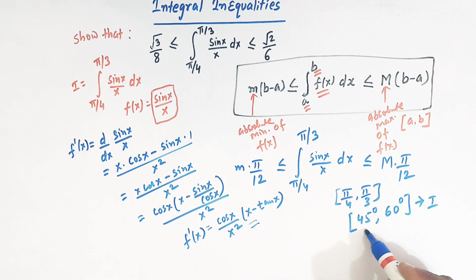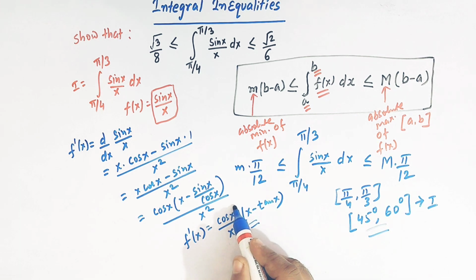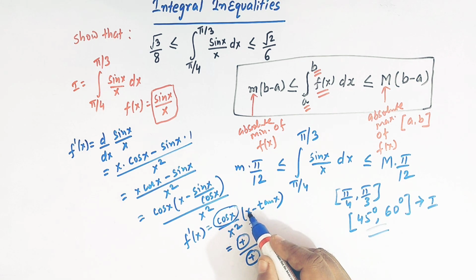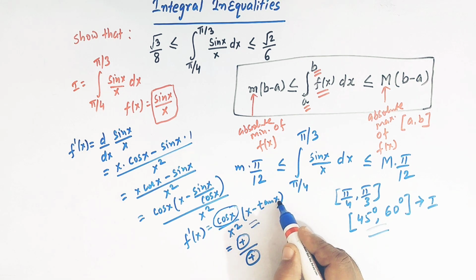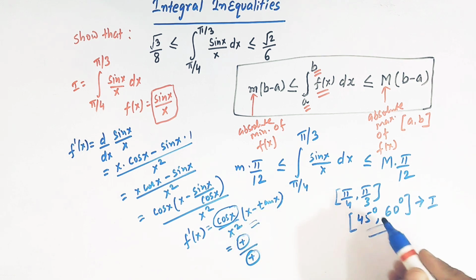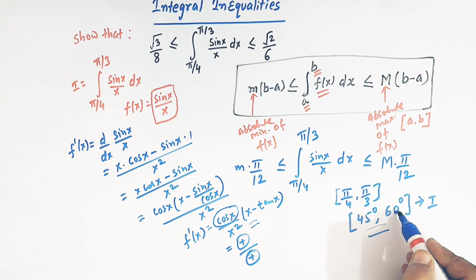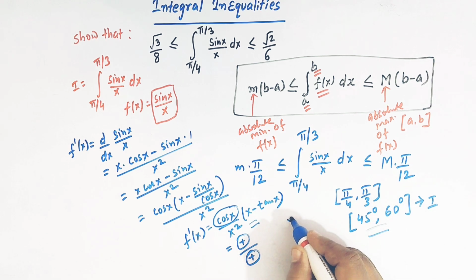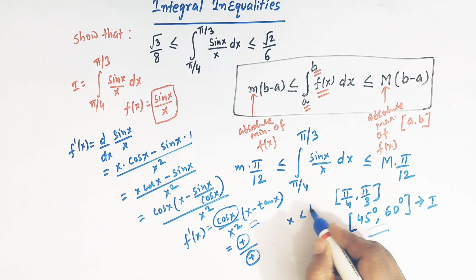So in this interval, we can see that cosine of x is positive, right? And x square is positive, and here we have x minus tangent of x, right? And we can easily see that in the interval 45 degrees to 60 degrees, this x is less than tan x, right?